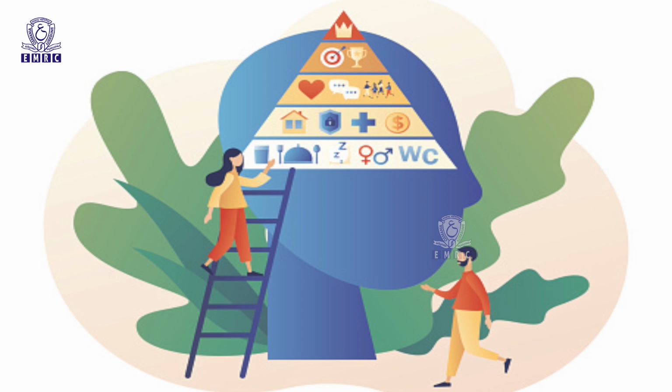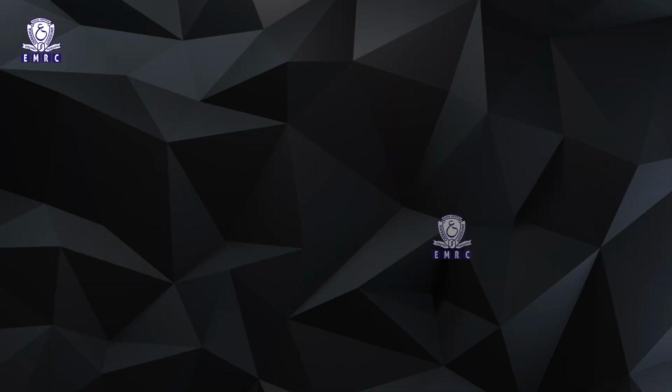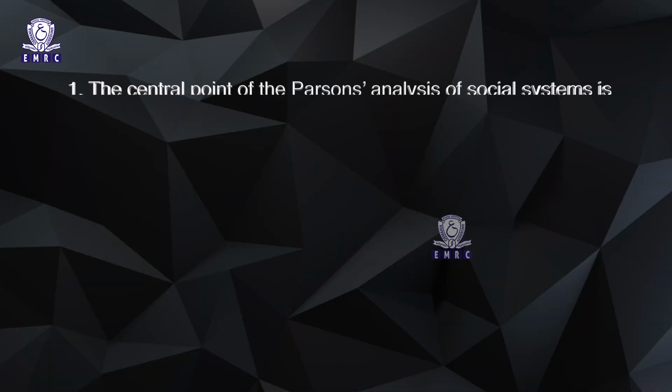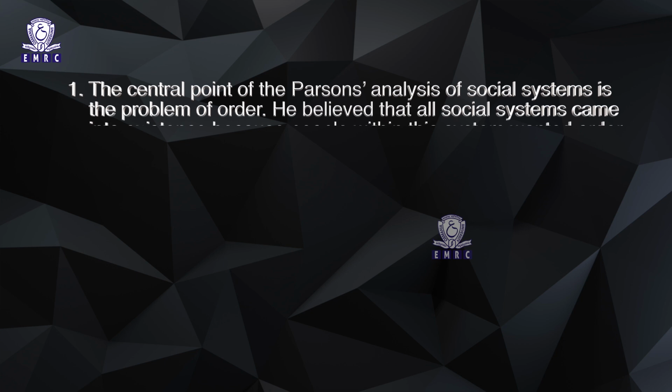Now, what is the basis of this hierarchy and why do people accept it? These are the questions that the theorists try to explain. The view of Talcott Parsons, the most eminent of the functionalist theorists, is that the central point of his analysis of the social system is the problem of order.